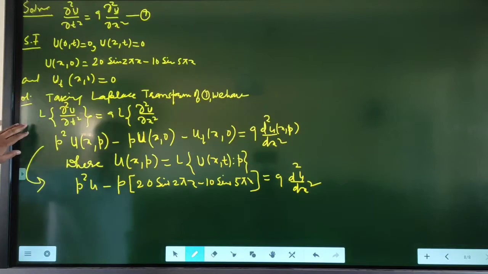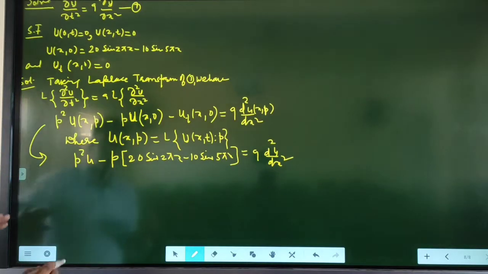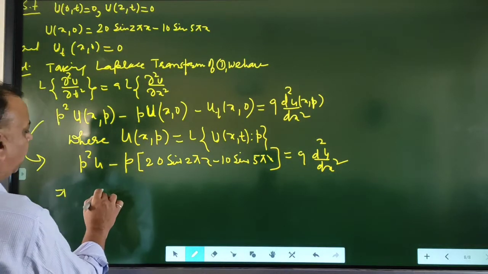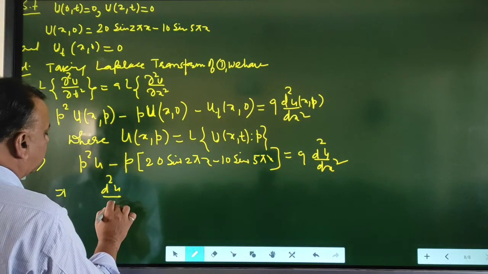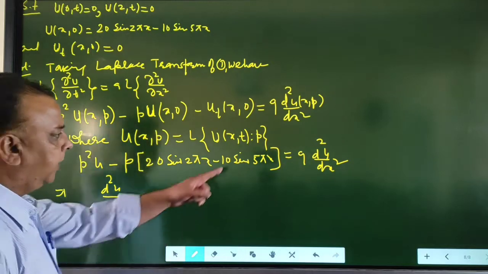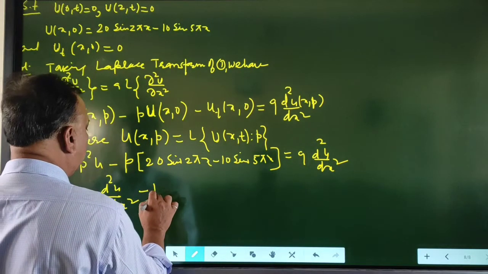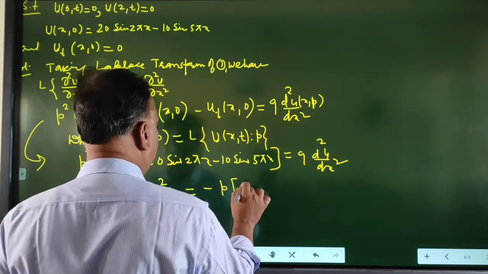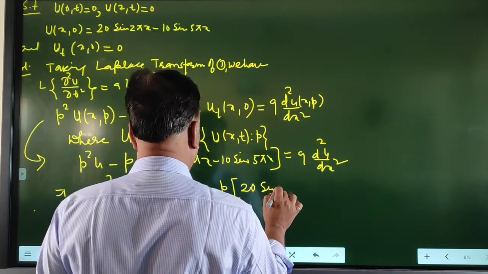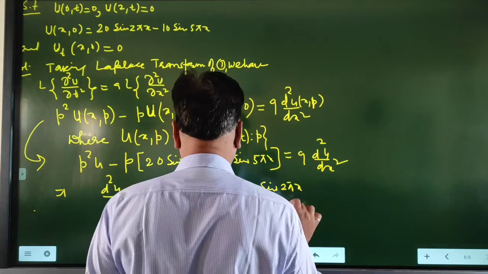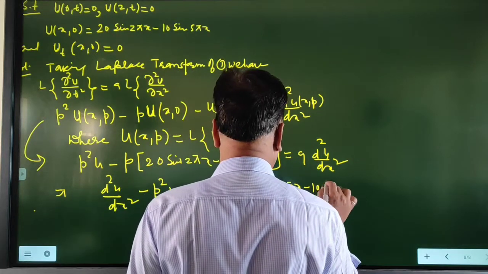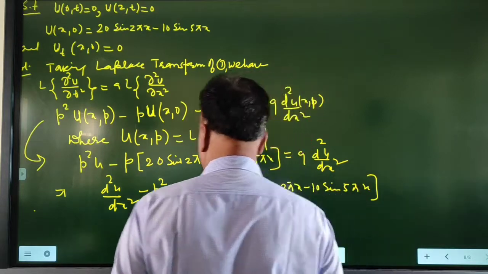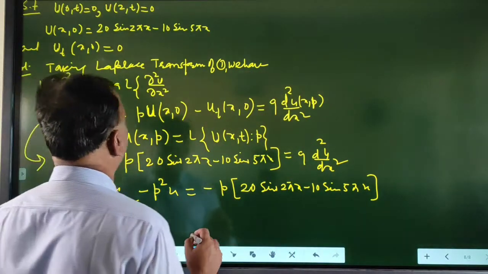Now solving this one, we get d2u by dx square minus p square u is equal to minus p into 20 sin 2 pi x minus 10 sin 5 pi x. This is equation number 2.